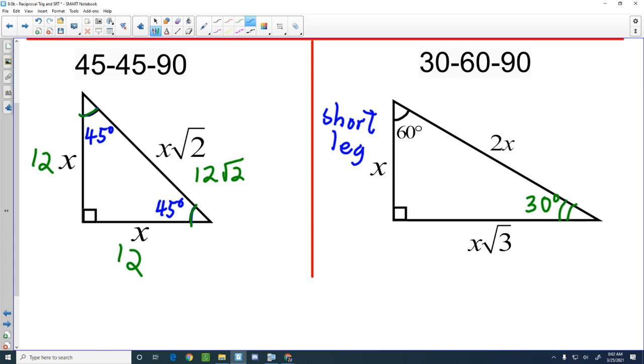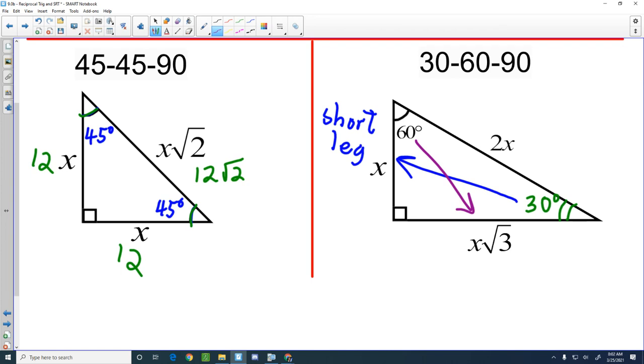You can't trust the drawing and say, that side looks shorter, so it's the short leg. Instead, look at the angle that it's across from. Since this 30-degree angle is smaller, it's going to have a smaller side across from it. The 60 degrees is a bigger angle, so it's going to have a bigger side across from it.